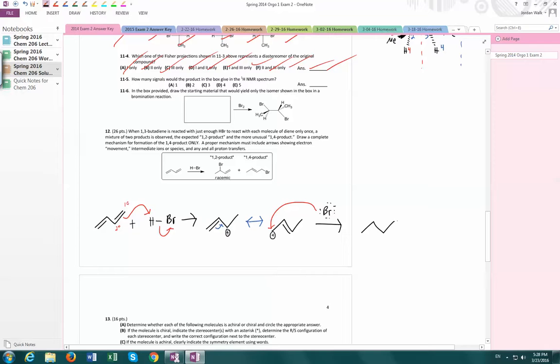Even though that might not be the more stable product, this thing is the same as that. We're just showing a different orientation of it, because we've got 1, 2, 3, 4, 1, 2, 3, 4. So it's the same product, it's just turned over. Even though this wouldn't be the major product, it's totally fair.